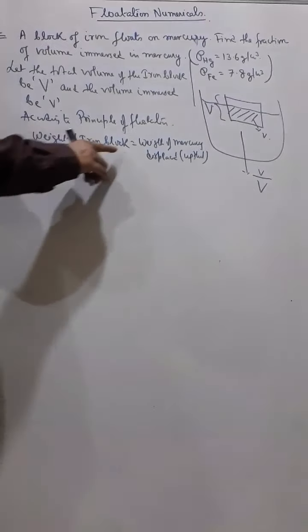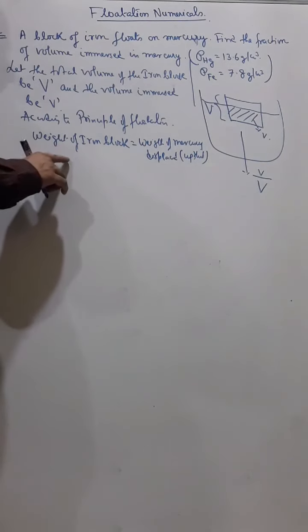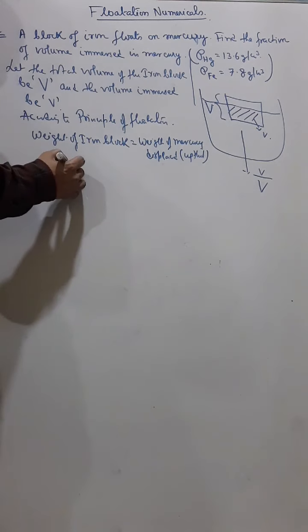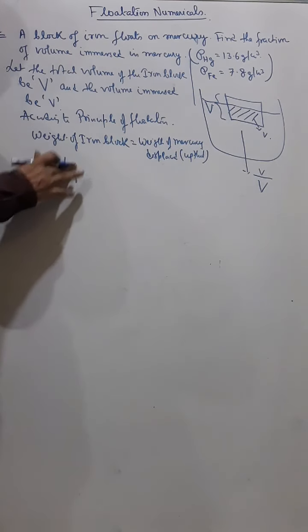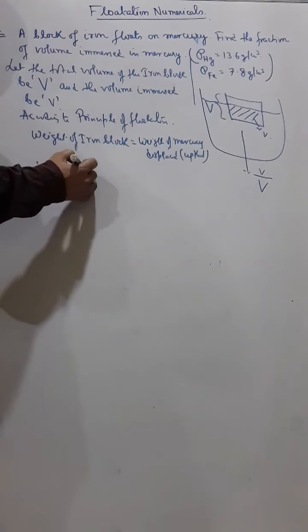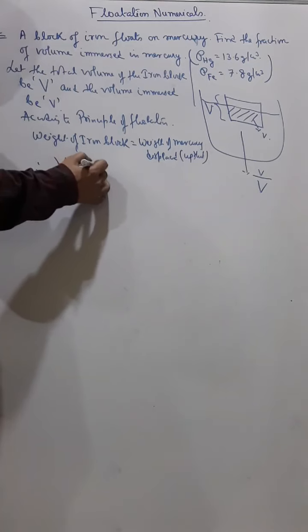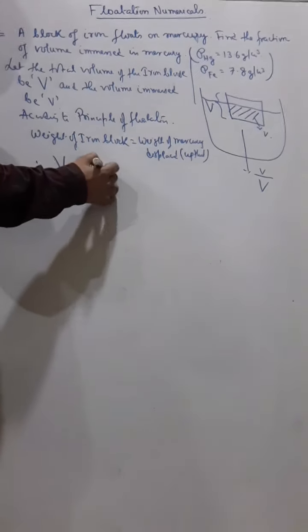Weight of iron block means mass into gravity and mass means volume into density. So I am doing volume of the iron block into density of iron, right? Density of iron is 7.8 and into acceleration due to gravity.